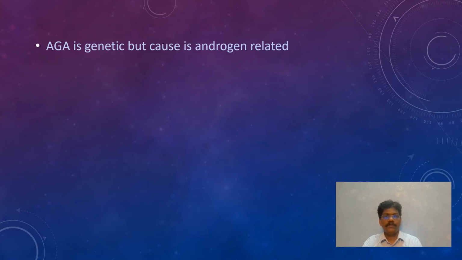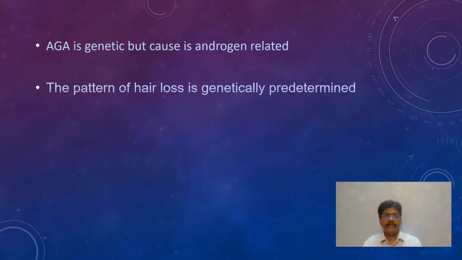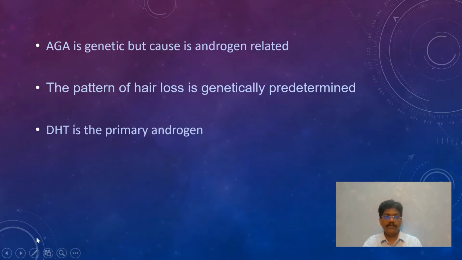The cause of genetic hair loss is basically increased DHT. The DHT may be normal in the blood circulation, or it may be elevated. DHT is dihydrotestosterone, the androgen that we are concerned about.